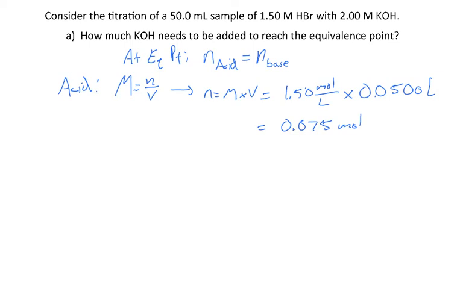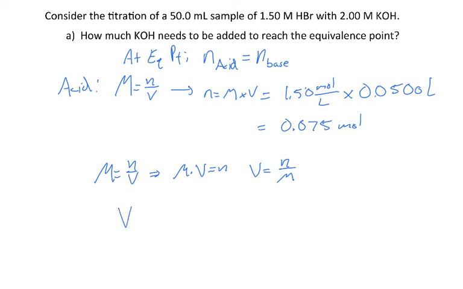So to get to the equivalence point, I need to add that same number of moles of base. To find the volume, I'm again going to use the molarity equation. Molarity is moles over volume, only now I first multiply both sides by V, so it becomes M times V is equal to n. Then divide both sides by M, so that volume is moles divided by the molarity.